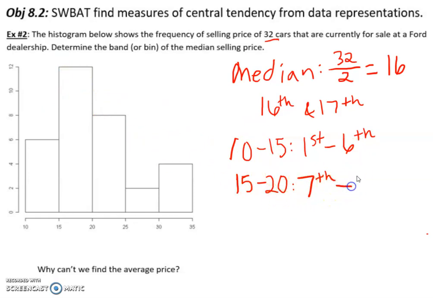So our 7th through 18th cars. Well, we were originally looking for our 16th and 17th cars, which were our middlemost prices, and so our median lies in this second bin. And so our median car sale price is between $15,000 and $20,000.